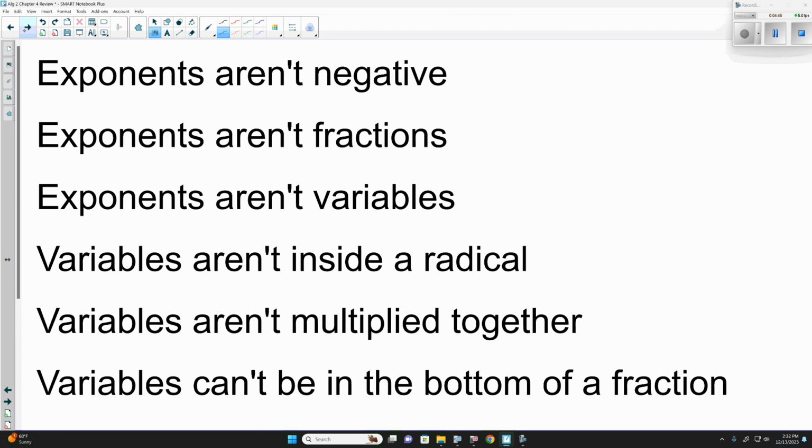Exponents aren't negative. Exponents aren't fractions. And these are really attached to variables. And there can't be an exponent that is a variable anywhere. Variables aren't inside radicals, and variables are not multiplied together. Then we can also not have variables in the bottom of a fraction.